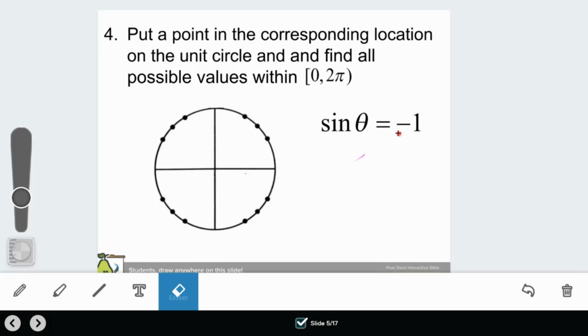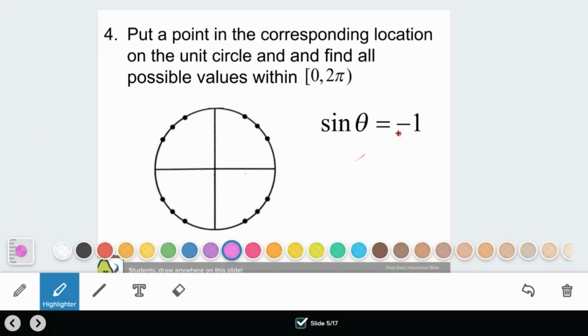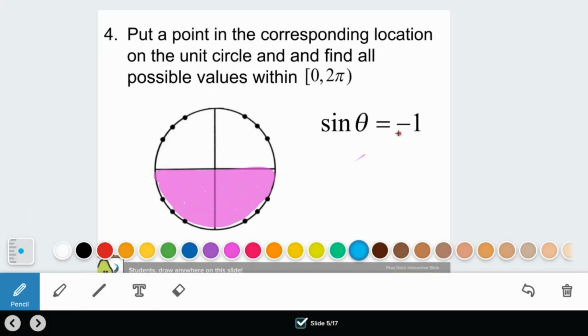We're going to be down in these bottom quadrants here. So 3 and 4 is where my sine is negative. And I want a -1. And so I am going to have a -1 down here at that point. That point right there.